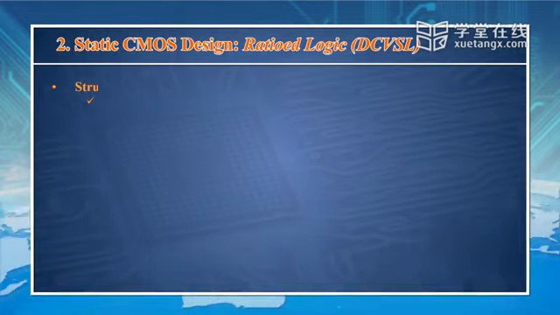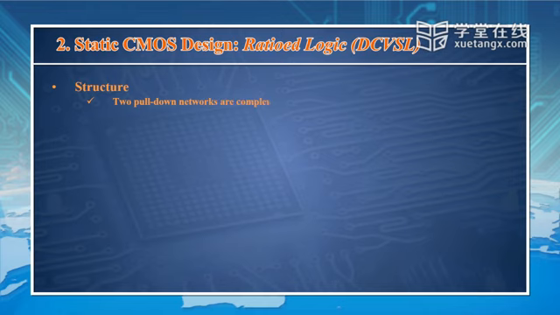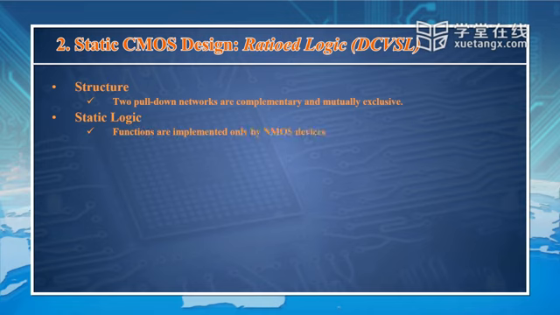So the structure of DCVSL: we have two pull-down networks. They are complementary and mutually exclusive, which means if this is off, that is on. This is on, that is off. Mutually exclusive. And static logic. So functions are implemented only by CMOS devices, possessing the same advantage of pseudo-CMOS logic, more suitable for the implementation of NOR logic, right?